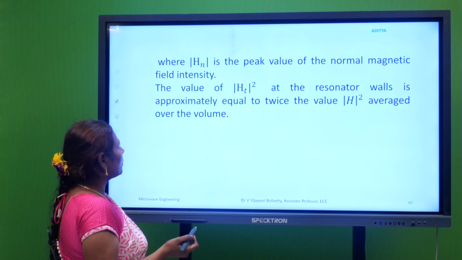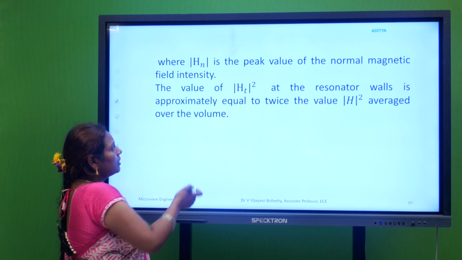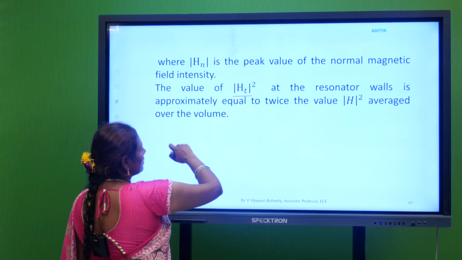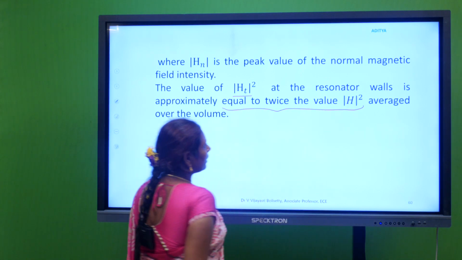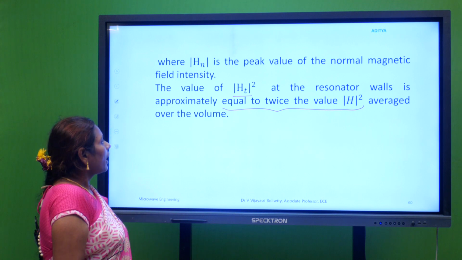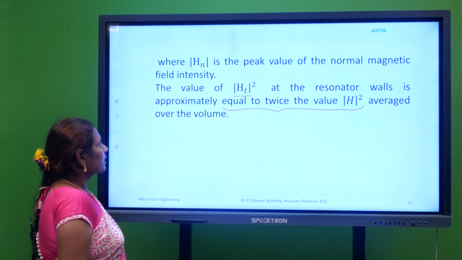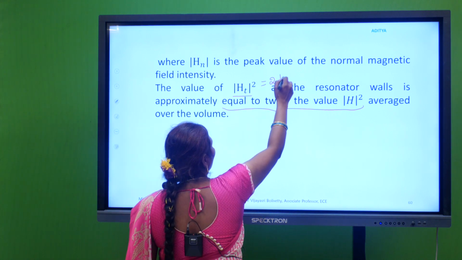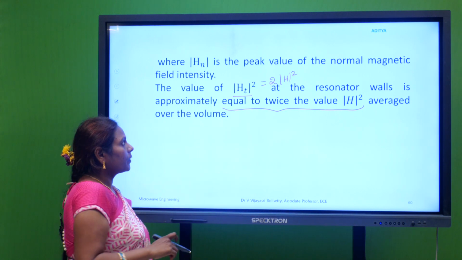We have a relation that this Ht, the tangential magnetic field, is approximately equal to twice the magnetic field intensity averaged over the volume. So that means we can consider Ht square is nothing but 2 magnitude H square.